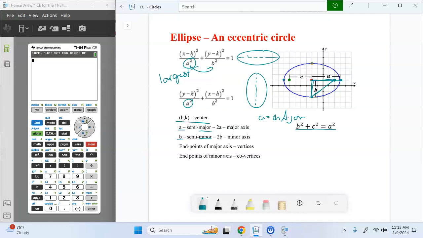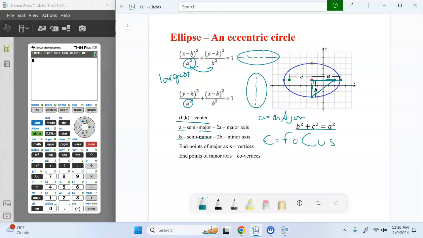We're just using slightly different variables because a has to be the largest. An easy way to remember that c refers to the focus is that there's a c in focus. So a for major, c for focus, and then b is what's left over. I don't have anything clever for minor, but that'll help you remember.